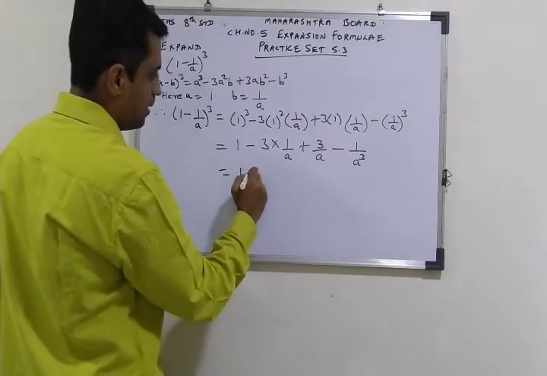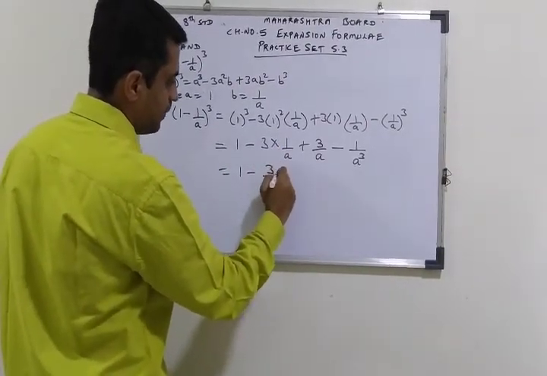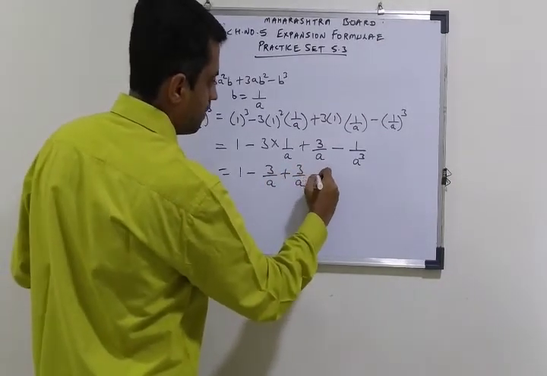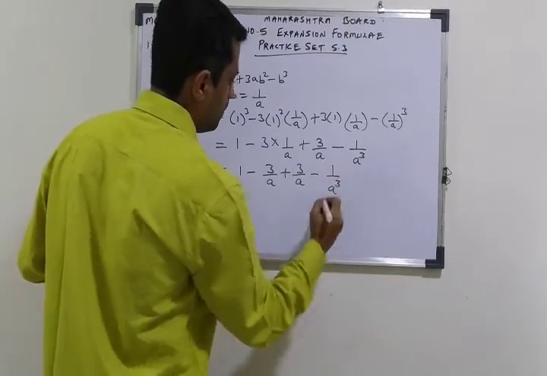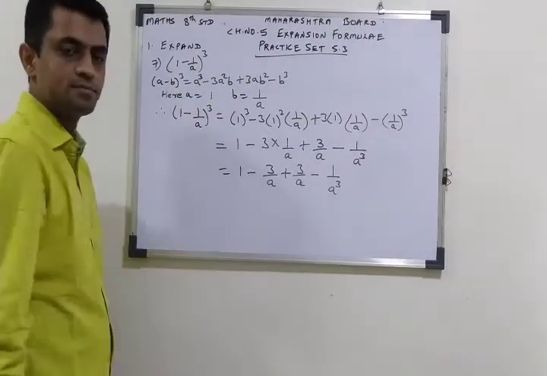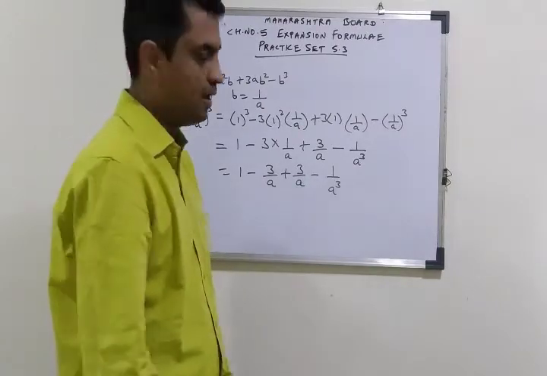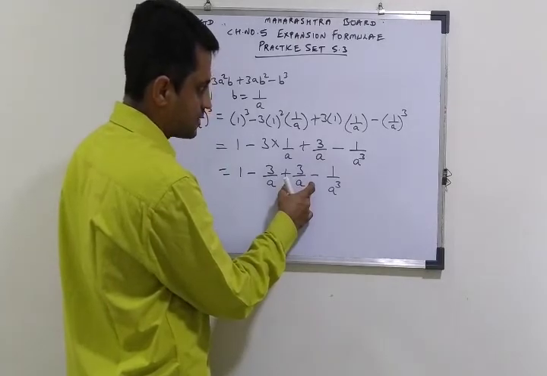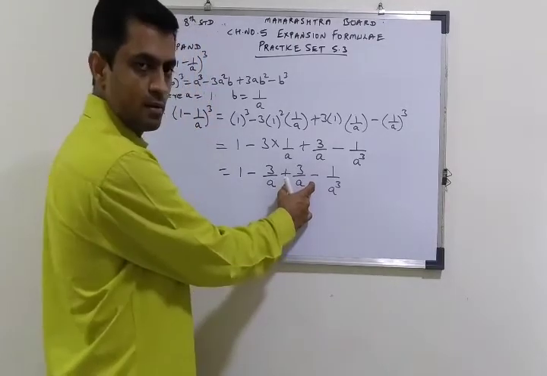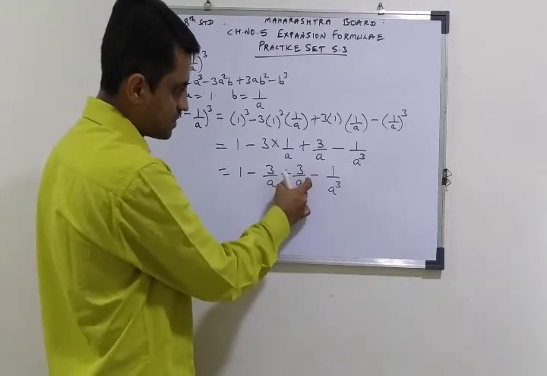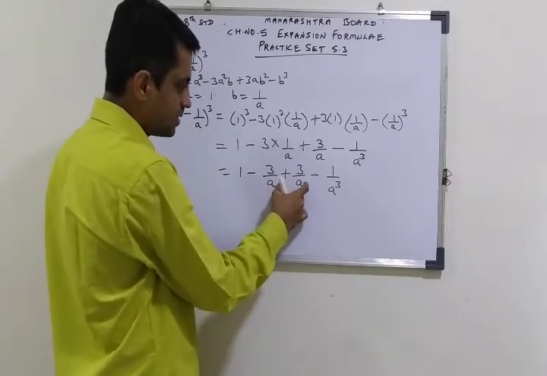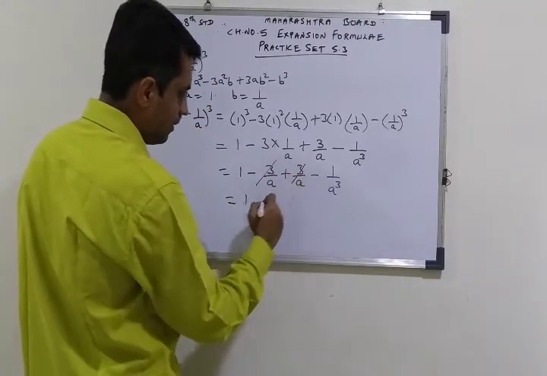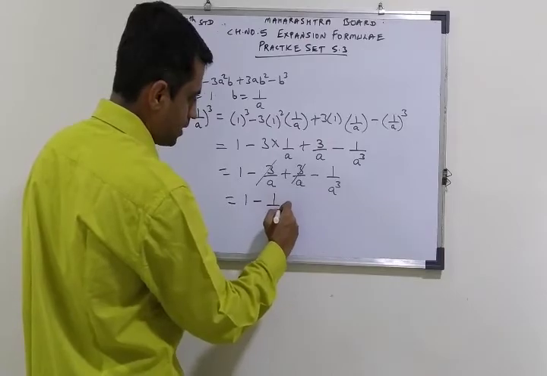No. So 1 minus 3 into 1, 3 upon a plus 3 upon a minus 1 upon a cube. If you see carefully, this minus 3 upon a and plus 3 upon a get cancelled. See carefully, both, because this is negative, this is positive. Negative and positive get cancelled. So what is our answer? 1 minus 1 upon a cube. That will be.